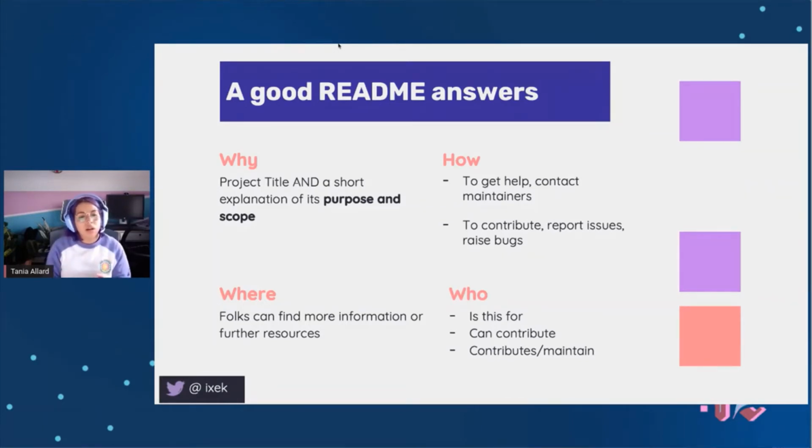So if that's something that your project has, it should also be included, because some folks might not be able to contribute by writing code and sending pull requests, or creating designs, or writing documentation or tutorials, but they might have a couple of spare bucks that they can send to a project. And that is also meaningful and valuable.